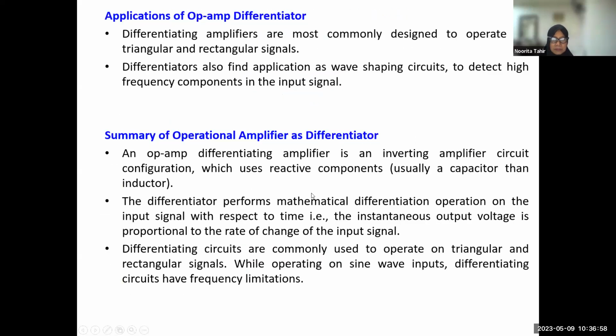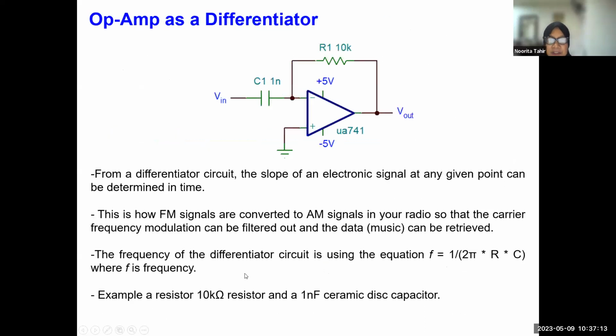The differentiating circuits are normally used to operate on triangular and rectangular signals, and if the input signals are sine waves, differentiating circuits will have frequency limitation. Another configuration of the op-amp as differentiator uses capacitor and resistor values.